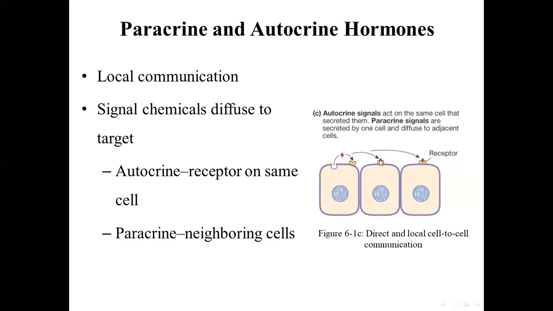But paracrine acts on the neighboring cell, which has a receptor and responds. So it is direct, local cell-to-cell communication. The signal chemicals diffuse to the target. Autocrine has the receptor on the same cell; paracrine has the receptor on neighboring cells, not far away from itself.